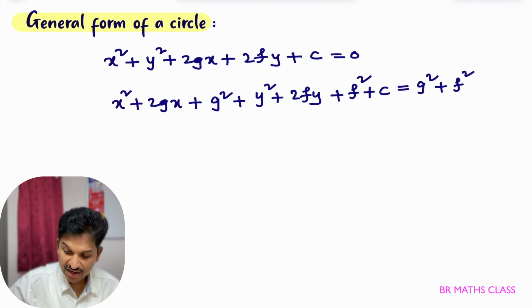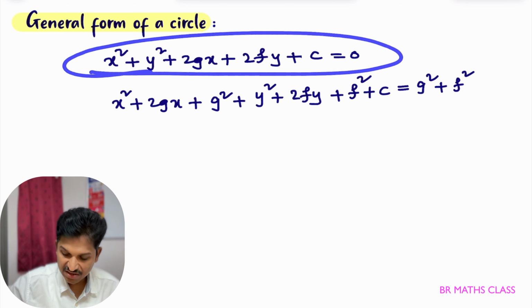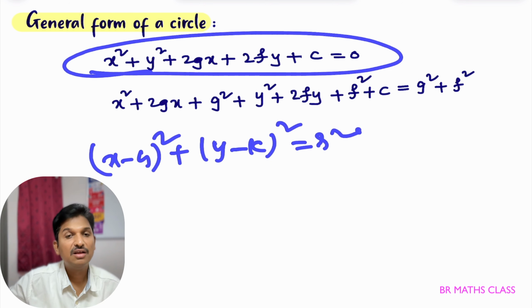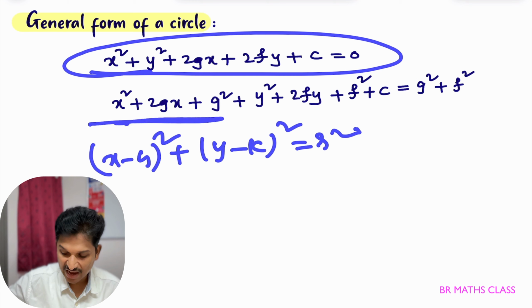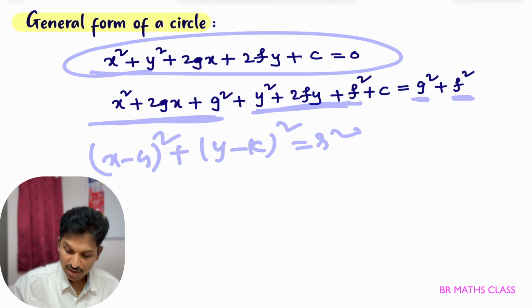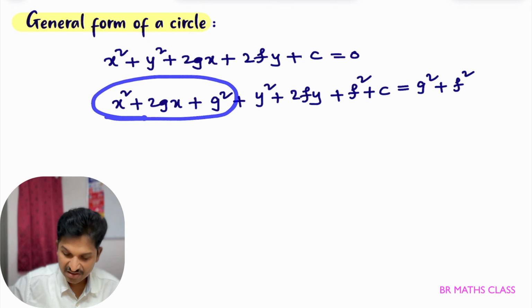Please try to understand. I am trying to write this equation in the form of (x minus h) whole square plus (y minus k) whole square equals r square. To write into this form, here I added g square and here I subtracted g square. And here I added f square, that will get cancelled here, right? So now you observe this. What is this? This is (x plus g) whole square, right?